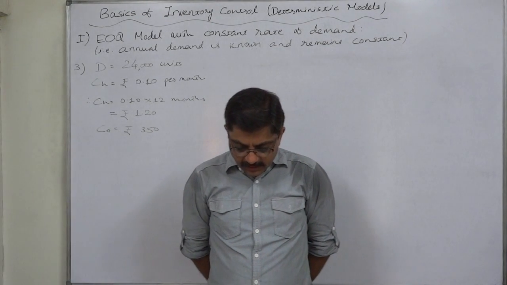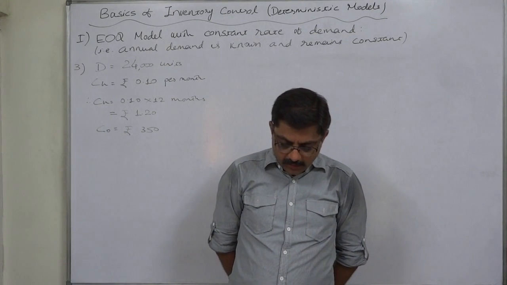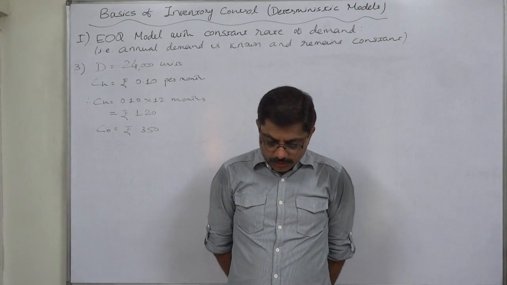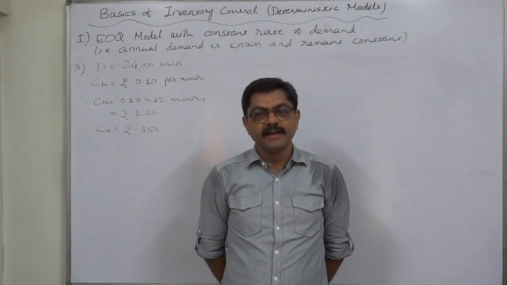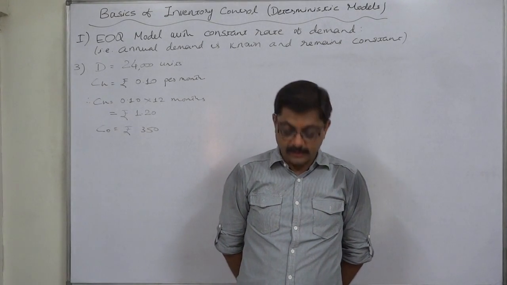If the manufacturer fails to supply the required units, he will lose the account and probably his business. Hence, the cost of shortage is assumed to be infinite and consequently none will be tolerated.